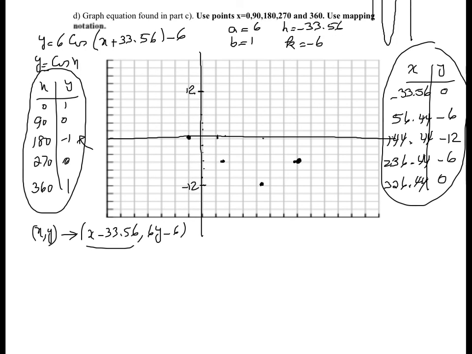And the last one is 326.44, which is about 9.7 boxes to the right. So 2, 4, 6, 8, 9, and it's 0. So it's going to be around here. So our graph roughly is going to look like this graph.